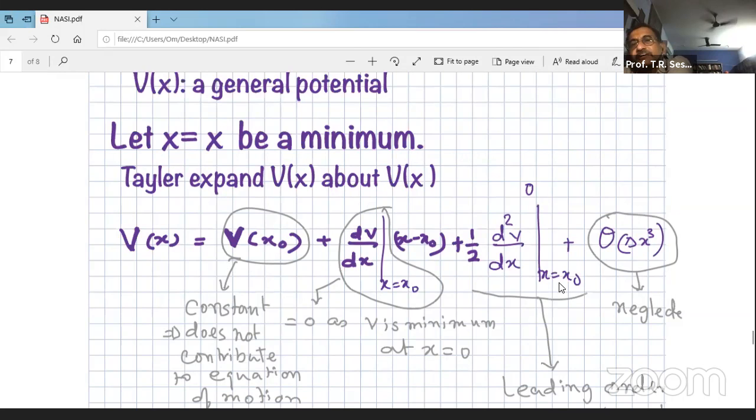So what do I do? If x equal to x0 is a minimum, then dV/dx at x equal to x0 is 0.